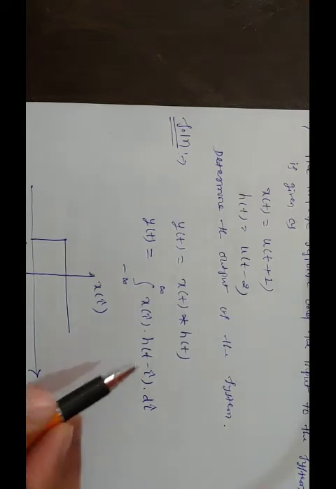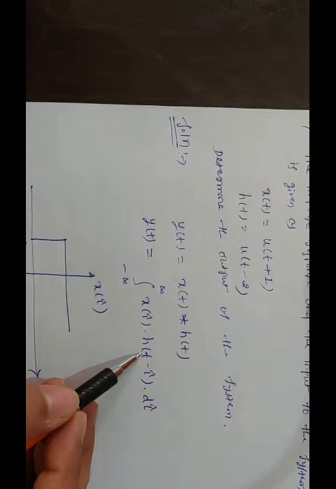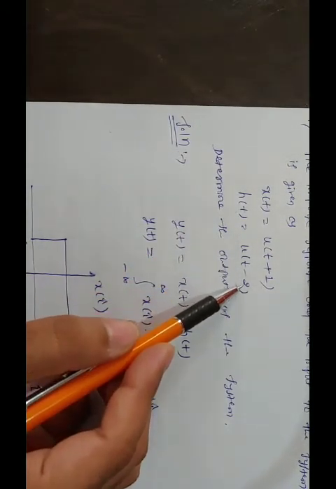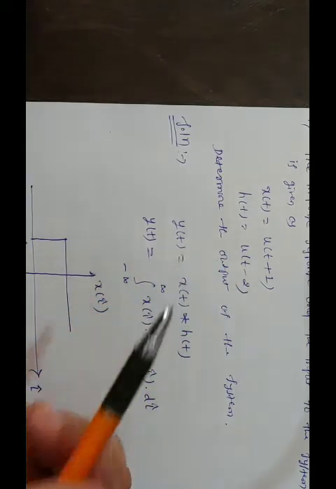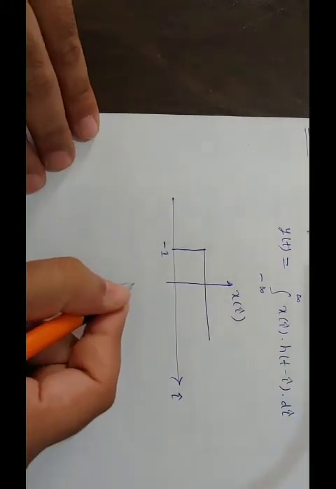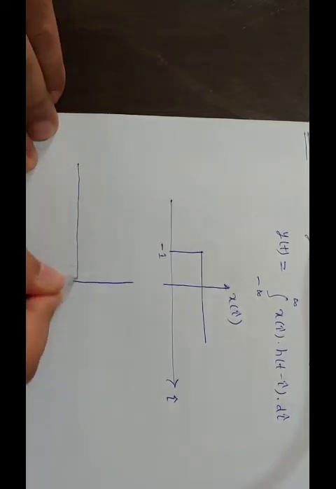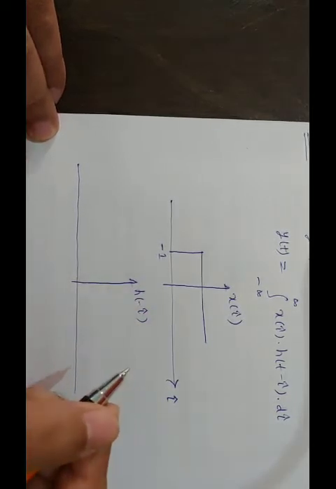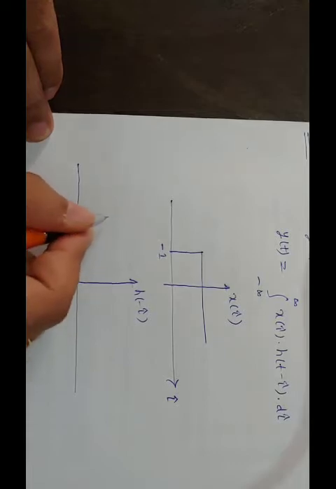Similarly, we have to sketch h of t minus tau. Prior to that, first I sketch h of tau, which is u of t minus 2, delayed by 2. Tau minus 2 means at 2 it will start. Then if I sketch h of minus tau, it looks like this.